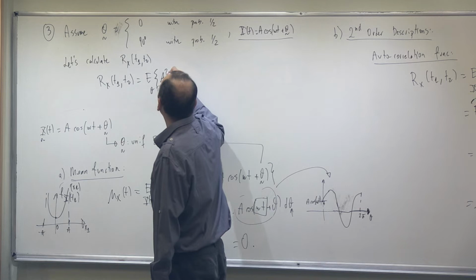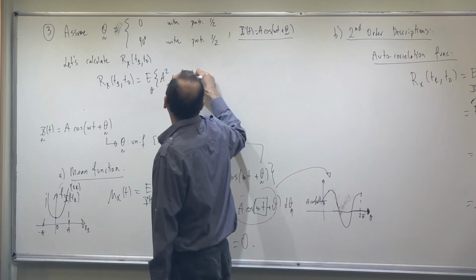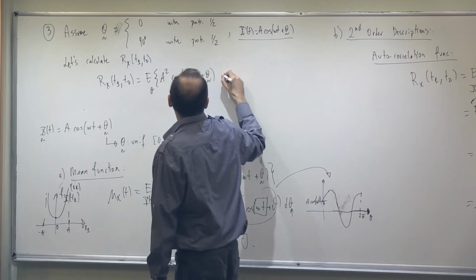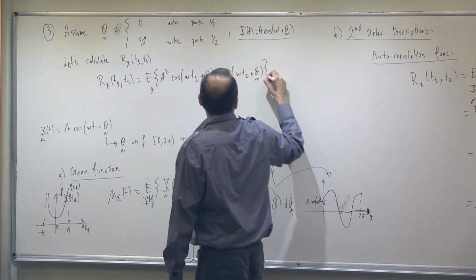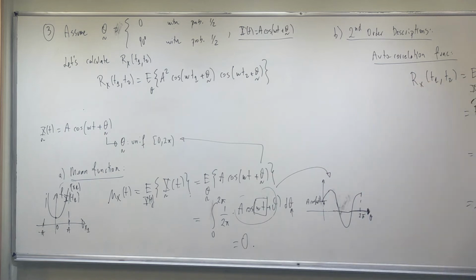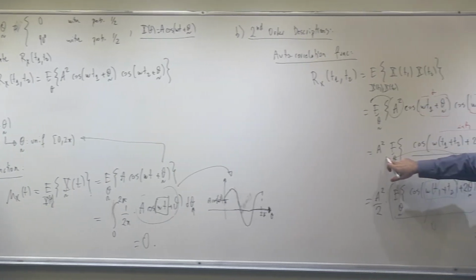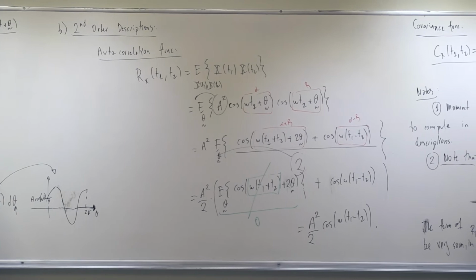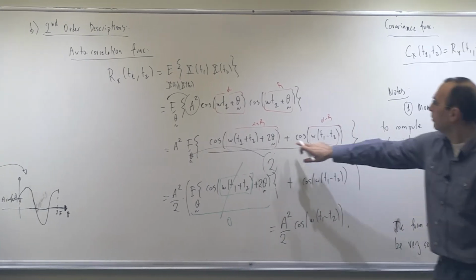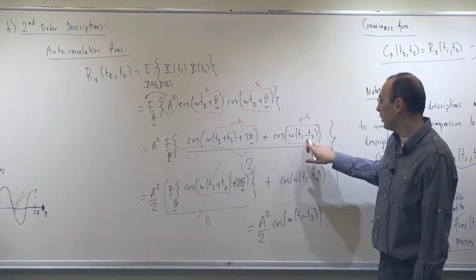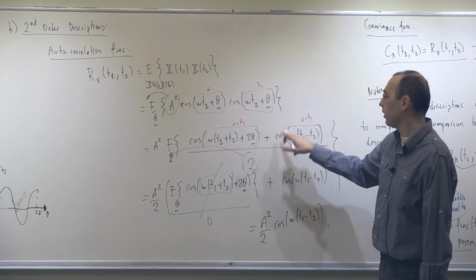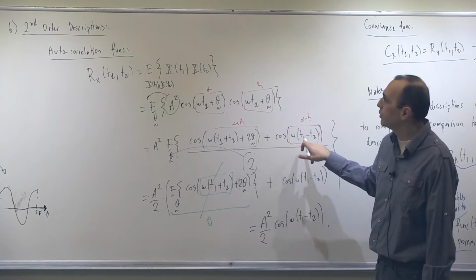So this is a square. Should I repeat all of these steps? I mean, not so many, but should I repeat all of them? It's exactly the same. The only difference is the expectation is different. So how can I take this expected value? Well, maybe I can write this one more time if I wish. So actually one of the results will be this. This will again be constant if I do this calculation.